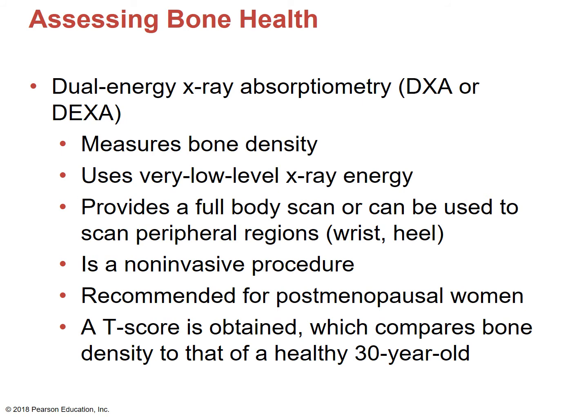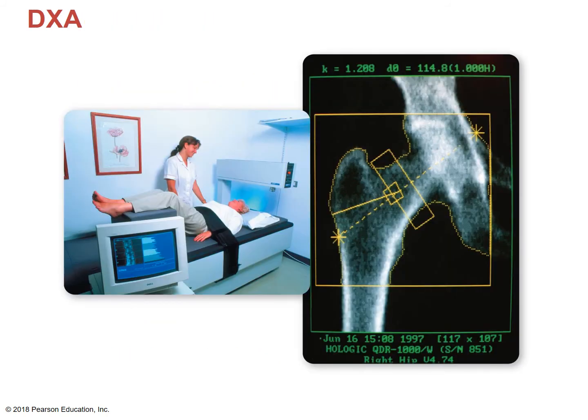T-scores are interpreted as follows. This actually shows the DXA, and this is showing bone density in the greater trochanter, lesser trochanter, the top of the femur area, and this is the pelvis.